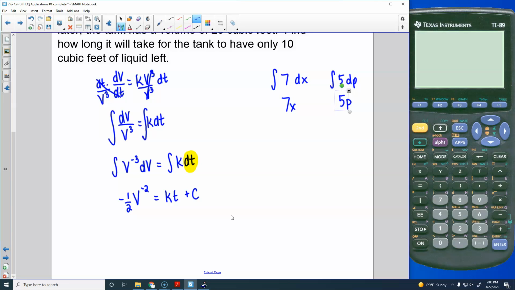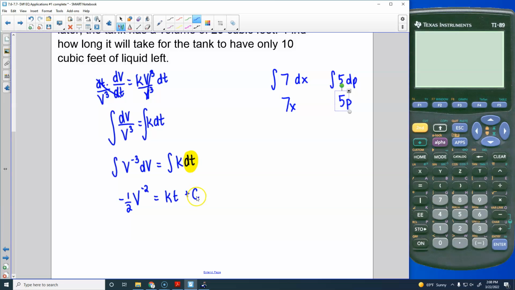These are usually FRQs when you see them. A lot of times these are 5 or 6 problems, or 5 or 6 points. So you get a point for separating, a point or sometimes 2 for your integrals here. This would probably just be 1 point for the integrals because they're not terribly complicated ones.